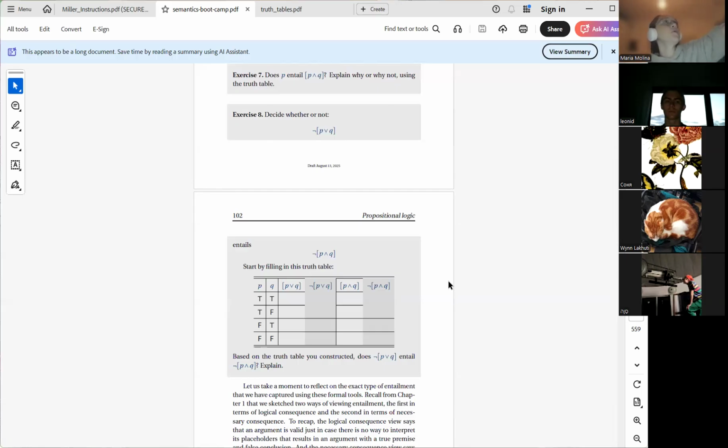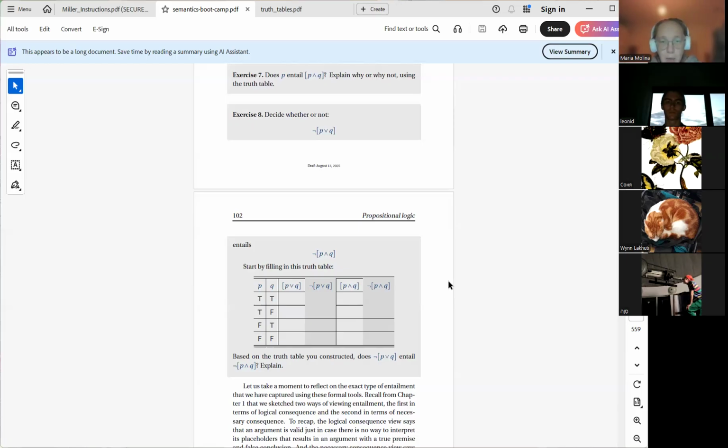So, we're supposed to take a pen and a piece of paper, and then we start writing the truth table as a proof that it entails the negation of P and Q or not, right?